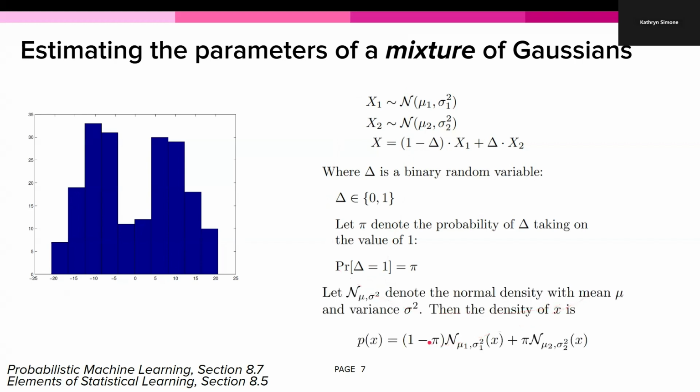Right, and so the probability density of a Gaussian mixture model can be combined using pi together with our expressions for the densities of the individual modes.